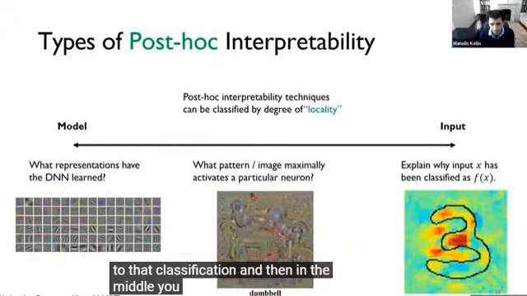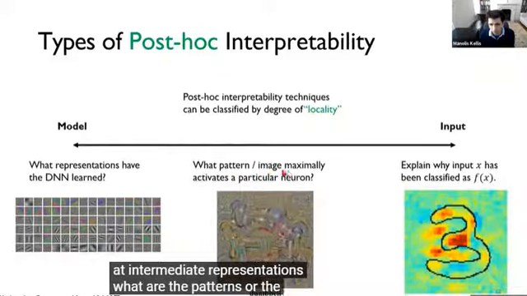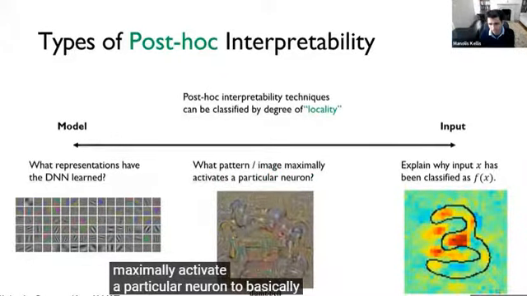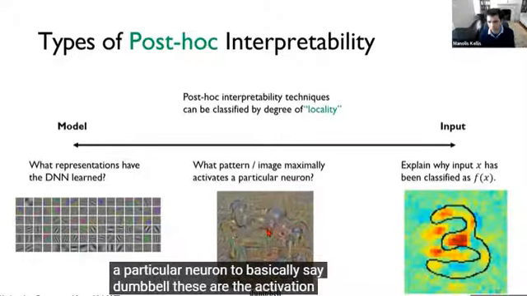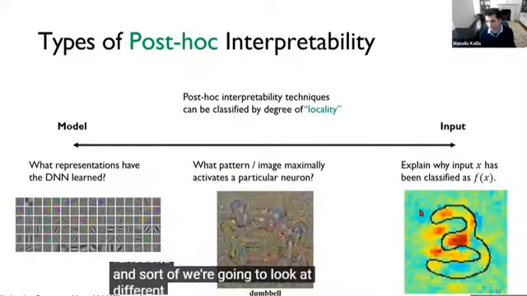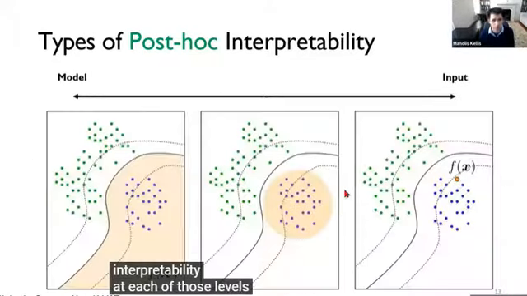And then in the middle, at intermediate representations, you can ask, what are the patterns or the images that maximally activate a particular neuron? To say, dumbbell, these are the activation functions. We're going to look at different levels of post hoc interpretability at each of those levels of resolution.